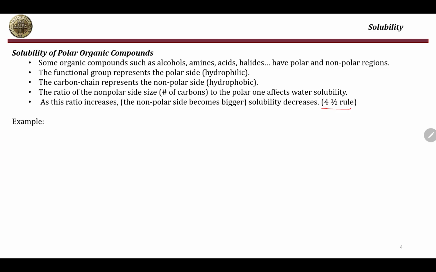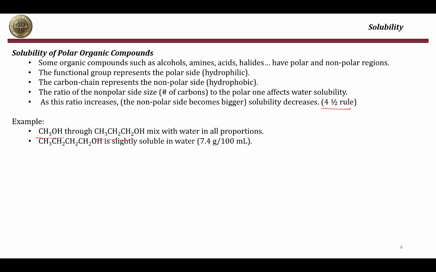What do we mean by that? Starting with methanol and up to propanol, which has 3 carbons, those three compounds are actually completely soluble in water. Now, when we look at butanol, which has 4 carbons, the solubility will decrease and it will be 7.4 grams per 100 milliliters of water.